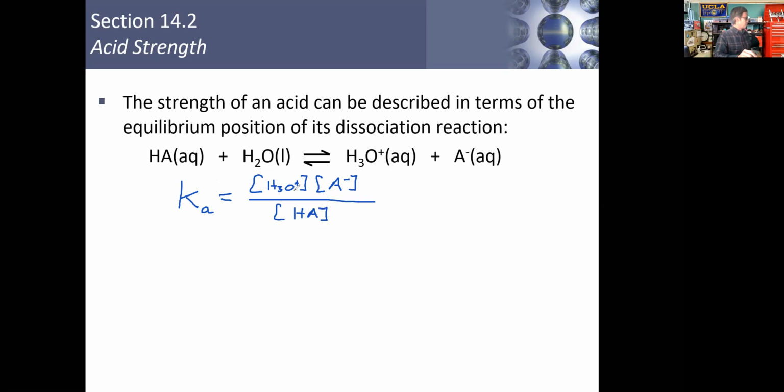When we talk about strong acids, we already did this before, so let's remember what strong acids are. We defined a strong acid, and remember we had that list of acids that I gave you, as an acid that dissociates completely. That means it breaks up completely.